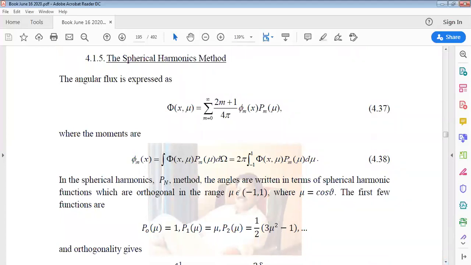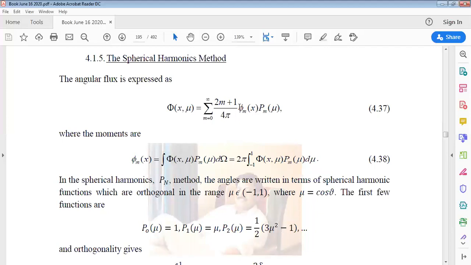The spherical harmonics method says that the angular flux is expanded in terms of, see separability over here, the space function is written over here and the angular function is written over here. So these are the Legendre polynomials and these are the moments.